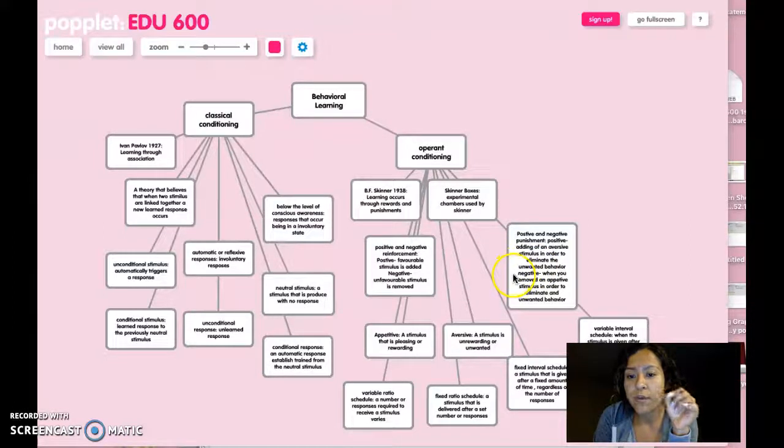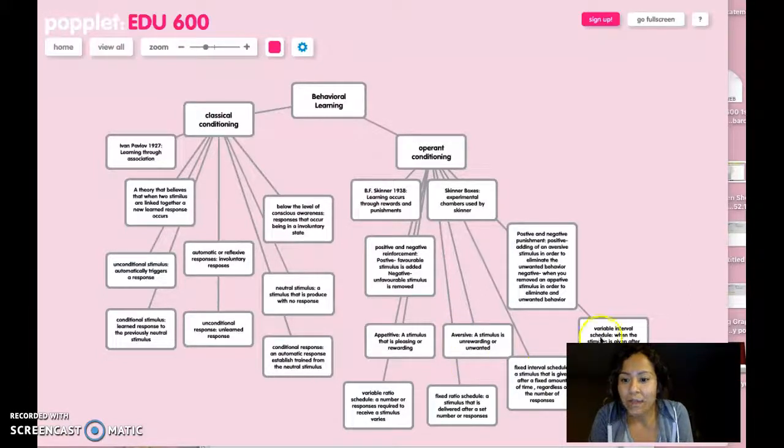And then negative punishment occurs when you remove an appetitive stimulus in order to eliminate an unwanted behavior. And then I'll define appetitive over here, which is a stimulus that is pleasant or rewarding. And then aversive is a stimulus that is unrewarding or is unwanted.